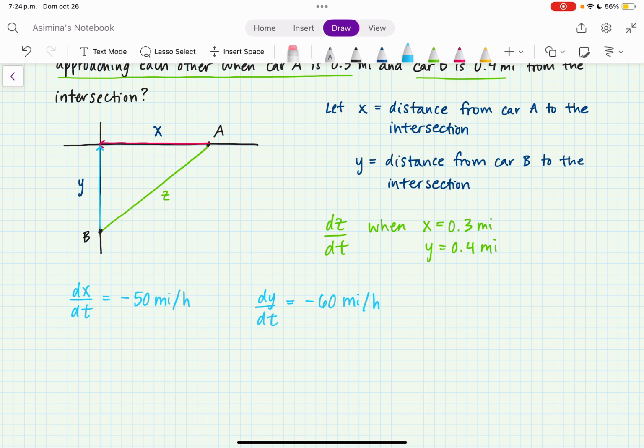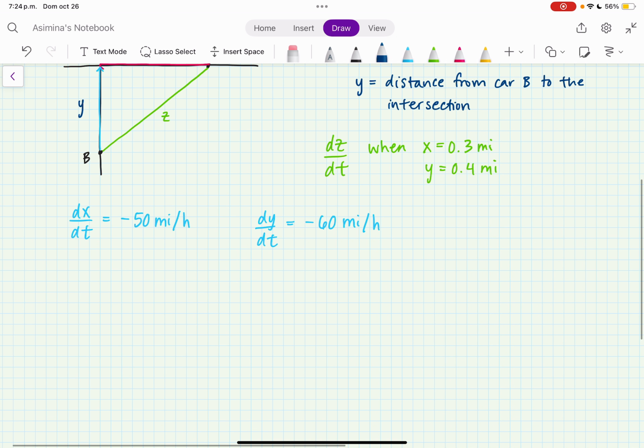Now can we think of an equation that can relate x, y, and z? Of course we can. We have a right triangle, so we can use the Pythagorean theorem. So we have that x squared plus y squared equals z squared.